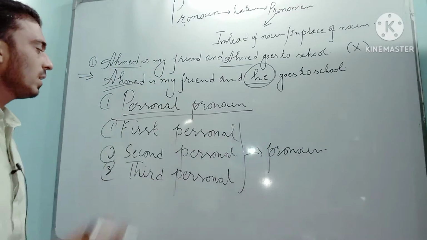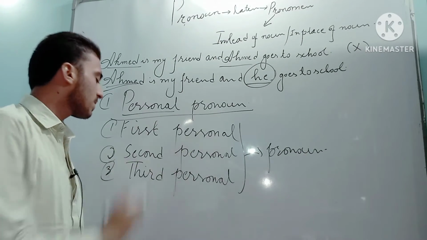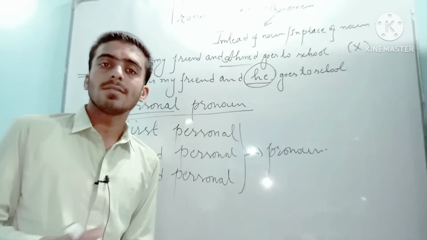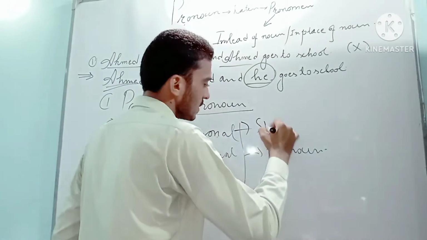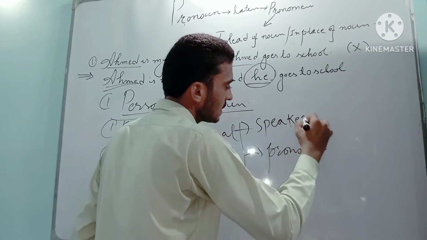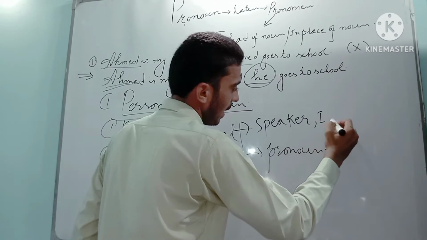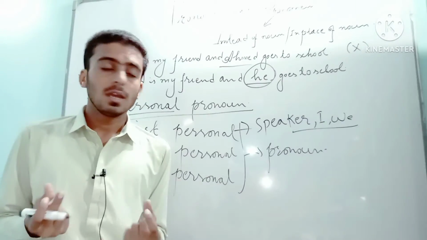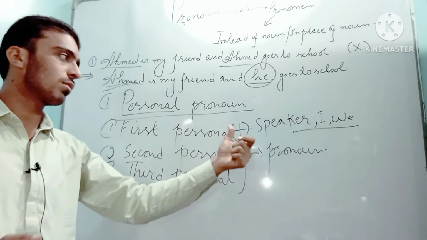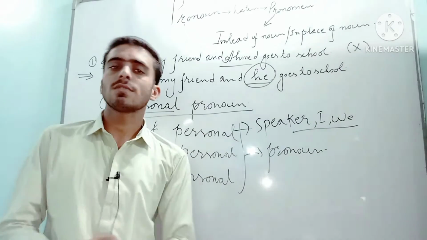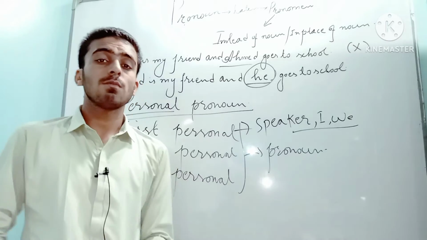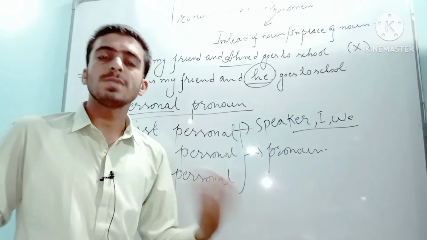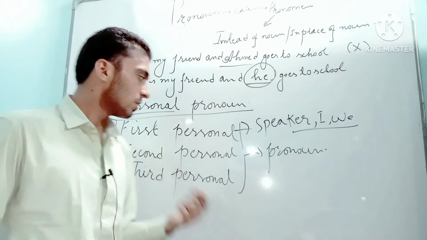So what is their meaning, and what are the first, second and third person pronouns? First person pronouns are also called the speakers. Speakers can be I and we. Suppose we say I am teaching you, it means I, the speaker, and it belongs to the first person pronoun, and the plural of I is we. When we say we are the students, if we make it singular, we will say I am a student. So the first person pronoun is the speaker who speaks about himself.